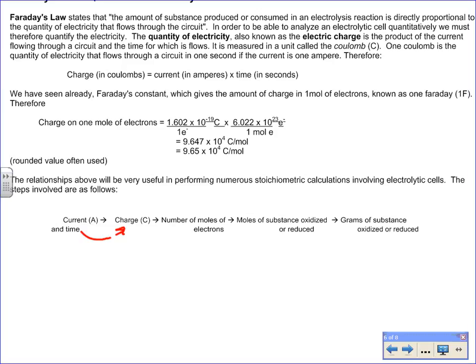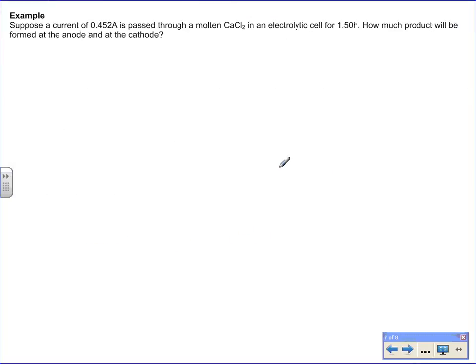So if we know how much charge has been passed through, we can determine how many moles of electrons were actually used in the reaction. Okay, and then we've got our moles connection. So we've got a half reaction that's going to have moles in it. So we're going to be able to figure out the moles of the substance and therefore the grams. Okay, so the easiest thing to do is to look at an example here.